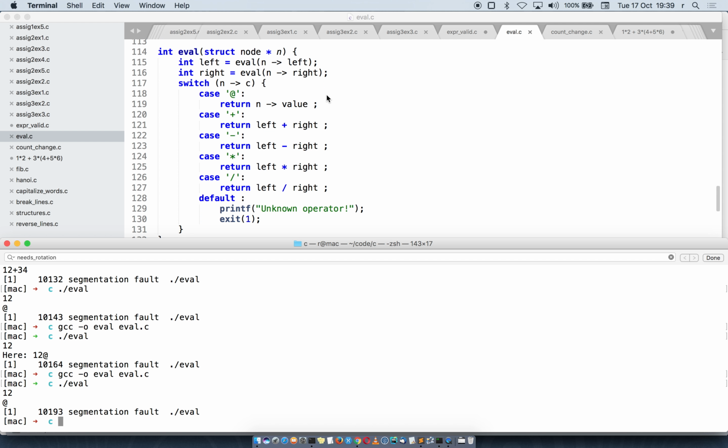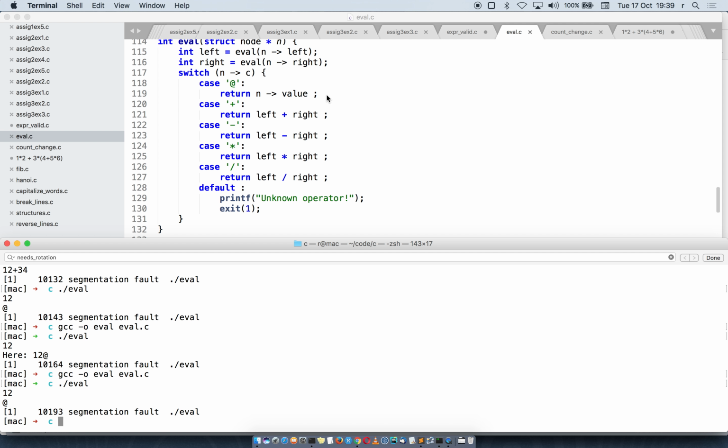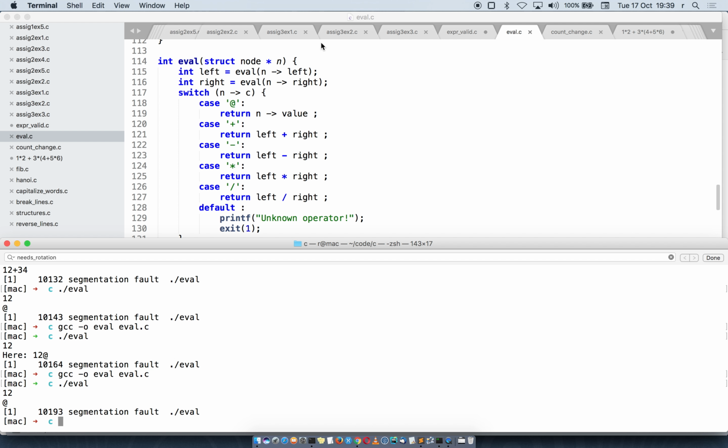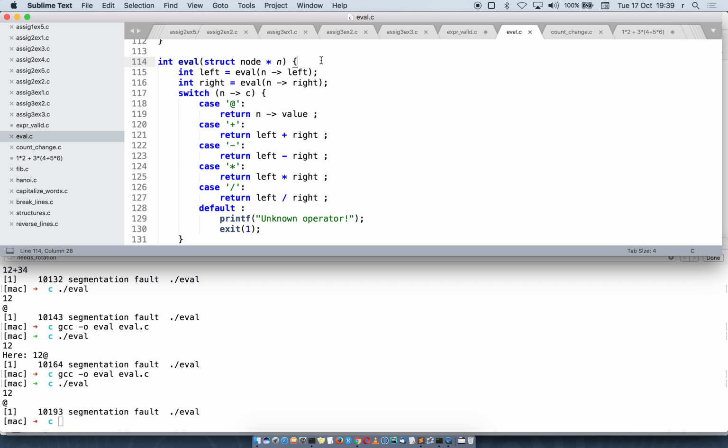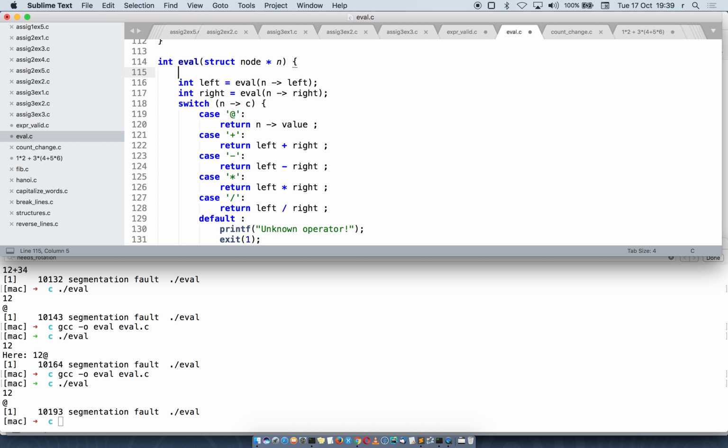Yes, and if the evaluation doesn't work, oh, I wonder how it worked previously. Oh, it did work previously because we... right, we should protect against null.